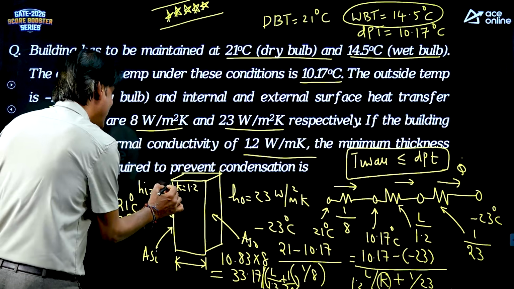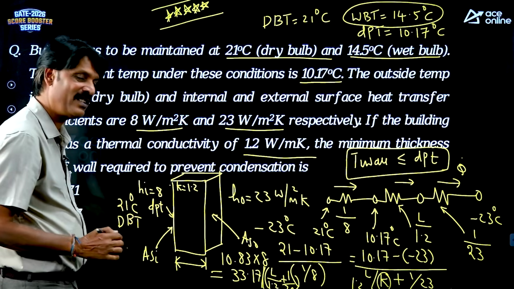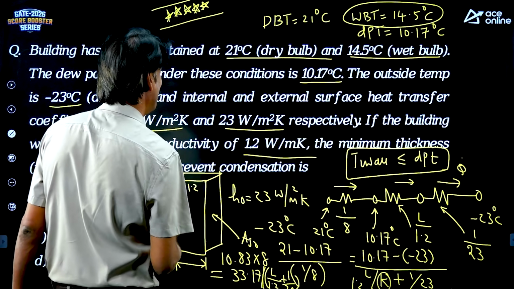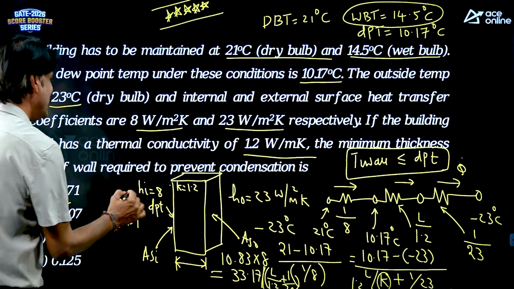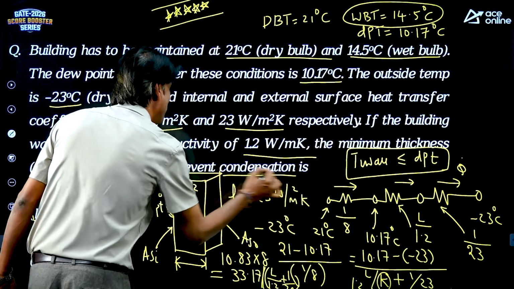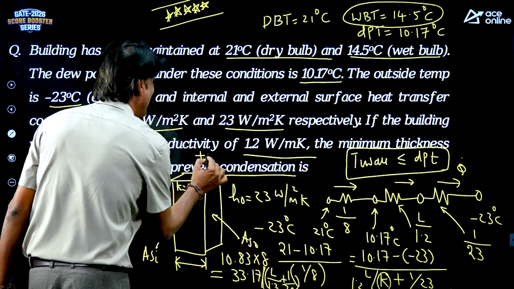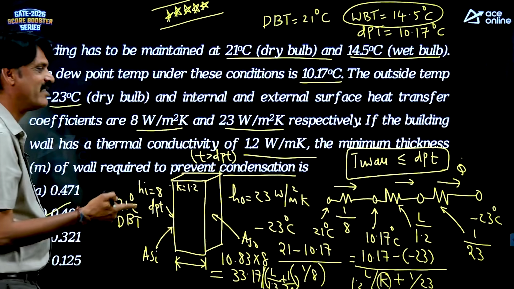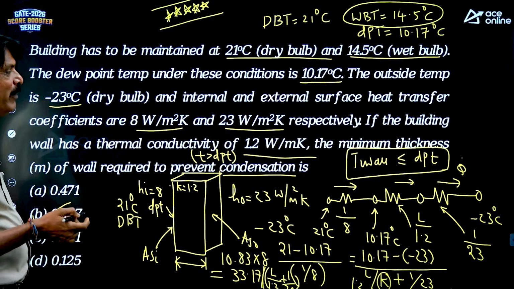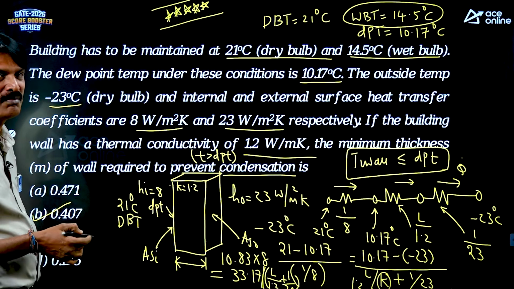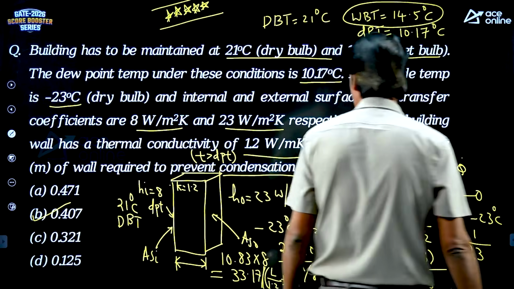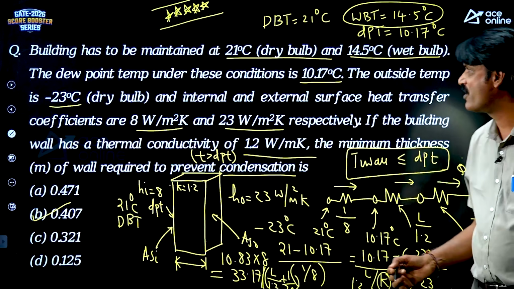But inside, you have to prevent condensation. To prevent condensation inside, very important point, the temperature should be greater than dew point. And equality is this: if the wall temperature is less than the dew point temperature, automatically condensation starts. So, the answer is 0.407.